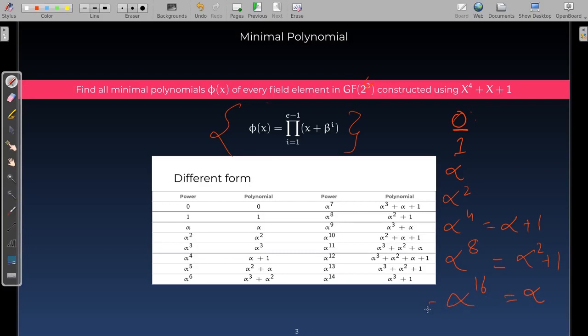So this can be written as alpha to the power 2 to the power 4, and the value of e for this group is 4. Using this formula we can find the minimal polynomial with respect to alpha, alpha square, alpha 4 and alpha 8. For all these elements you are going to have only one minimal polynomial. So let's do that.